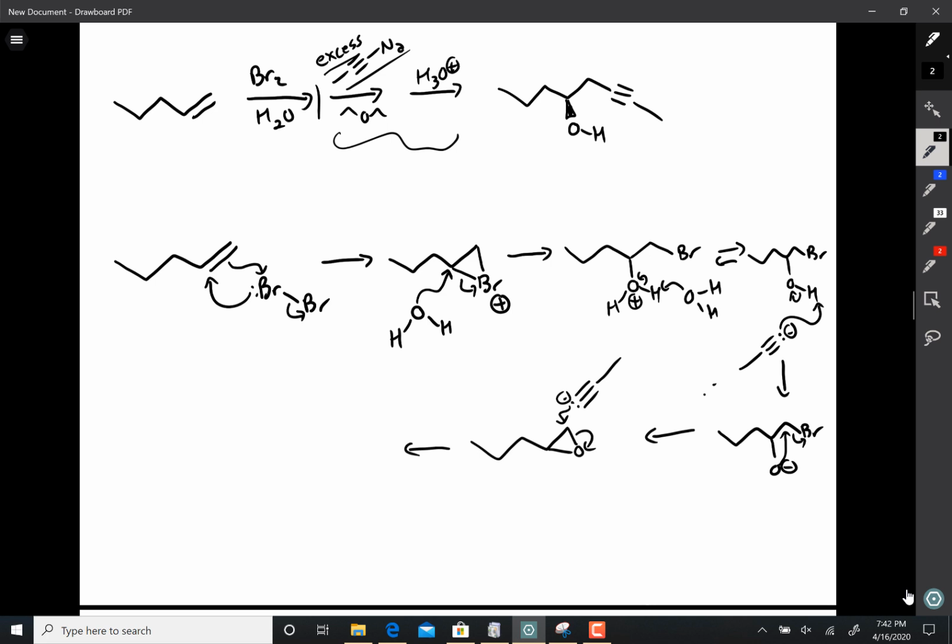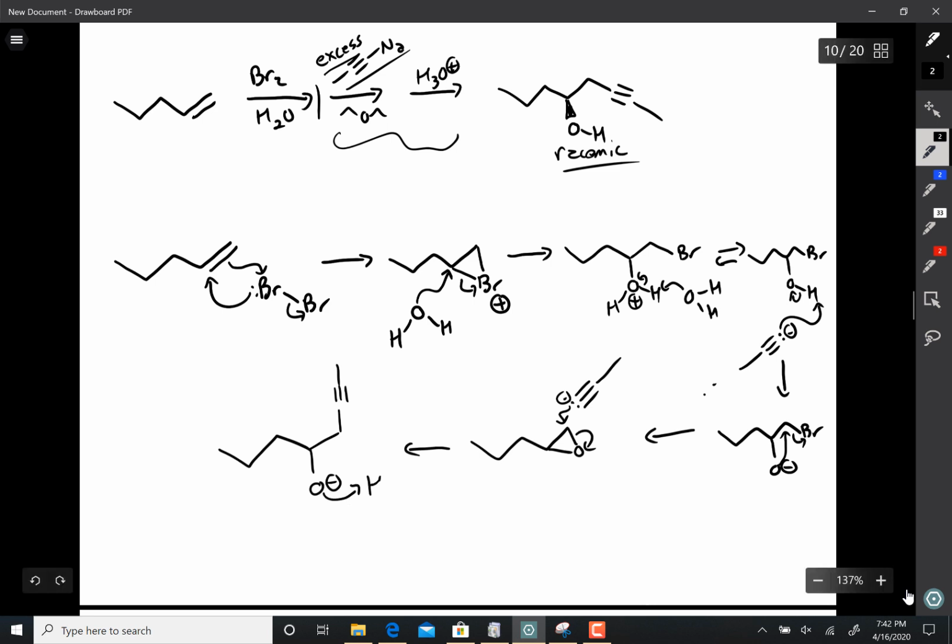It acts as a nucleophile. And then this O- is protonated by the H3O+. Gives you that product.